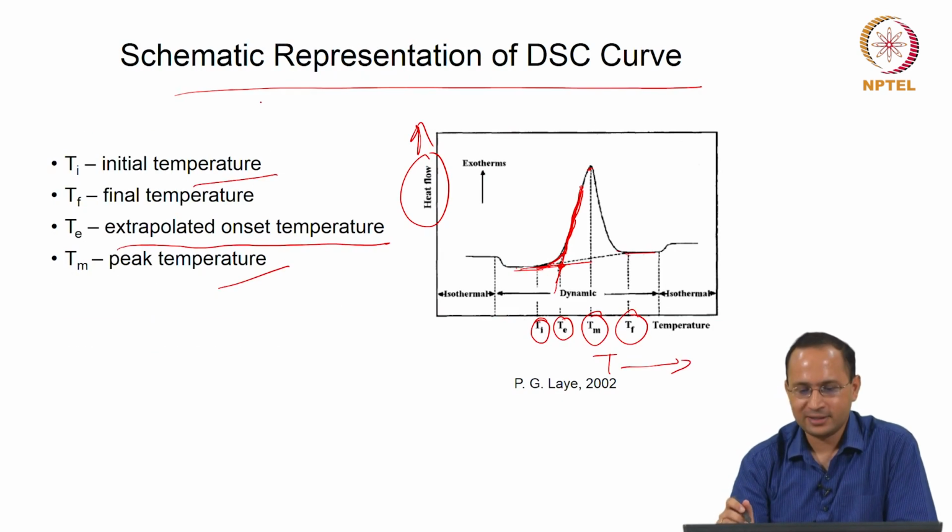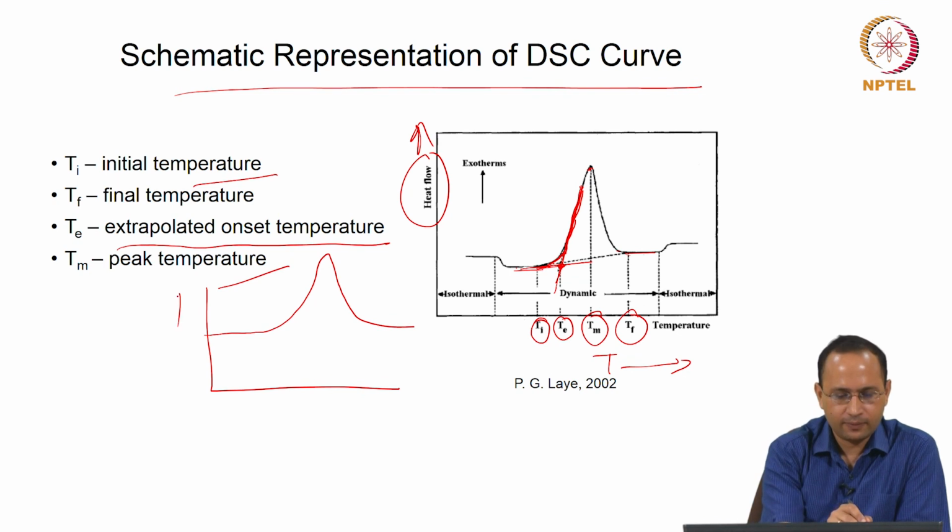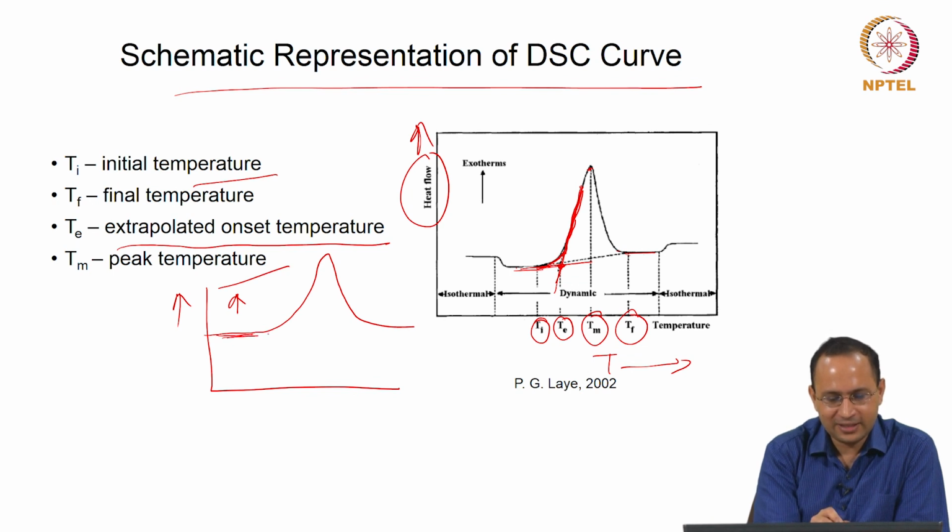The question is, how do we get this extrapolated onset temperature? Let us look at this plot. You have this exothermic peak, for example. You have this flat region where nothing is happening. Suppose you decide this is the point Ti when the slope starts changing.